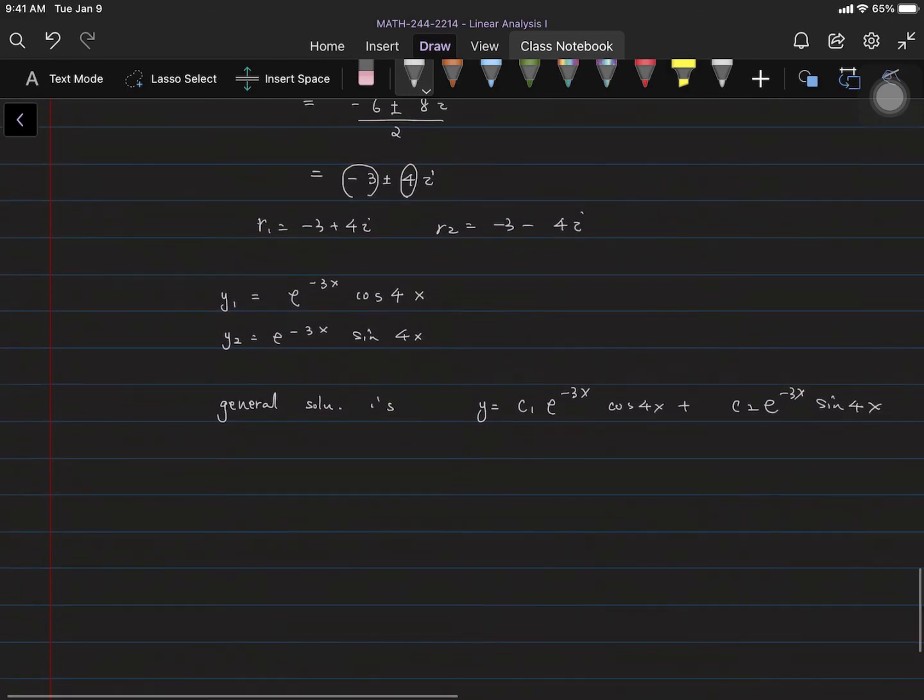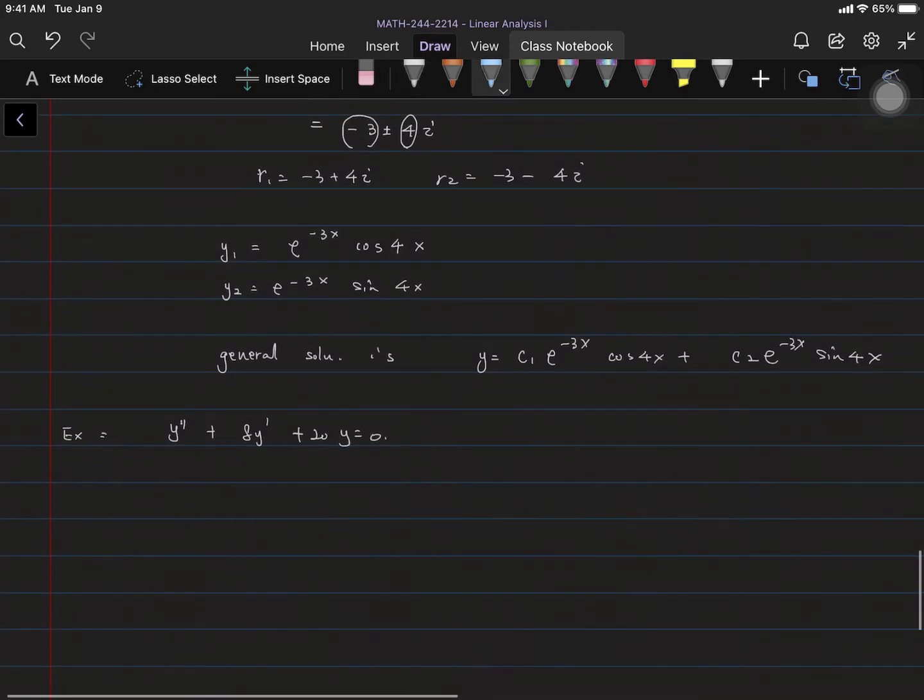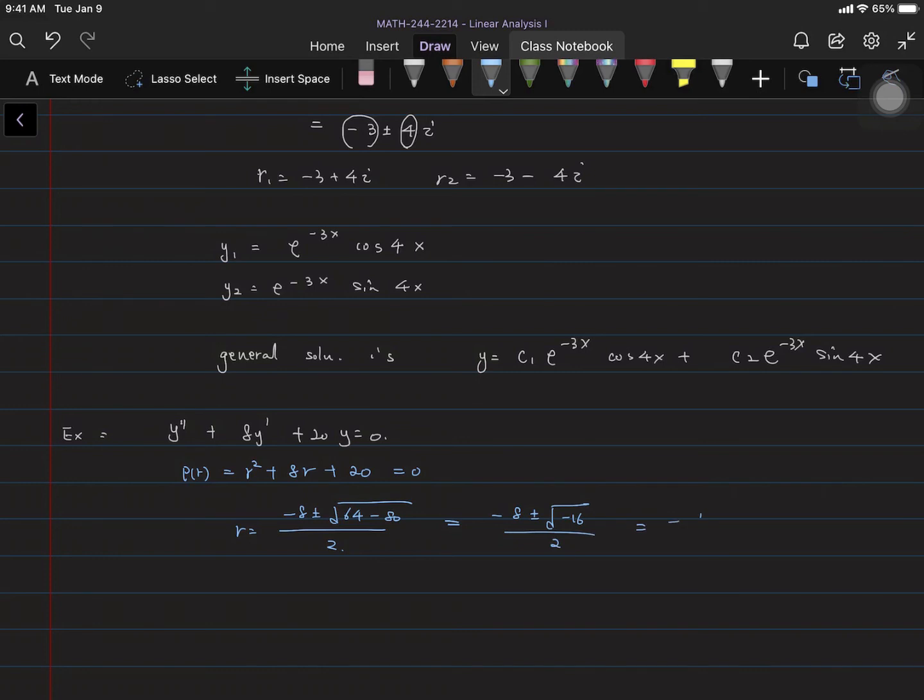Okay, we can take a look at the exercise problem. Here's the solution. P(r) should be r squared plus 8r plus 20, and we just solve this for r. When we solve for r, we are going to get a complex number here. This is negative 8 plus or minus the square root of negative 16, over 2, so negative 8 plus or minus 4i over 2.